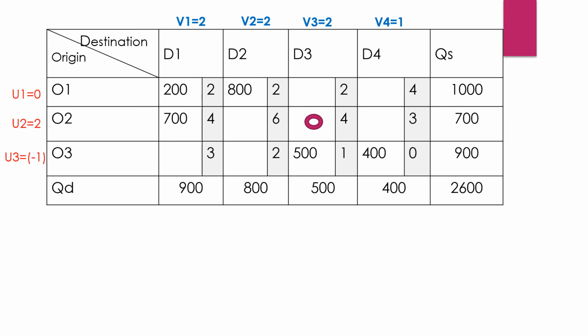If V3 is 2, O3 D3 value should be 1, how to arrive at that?